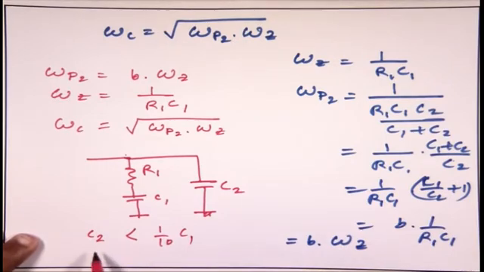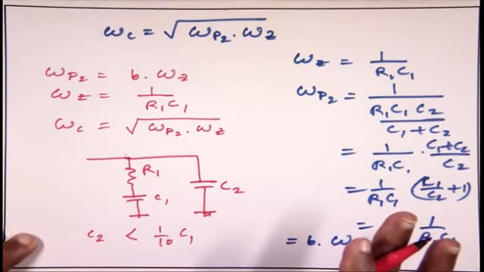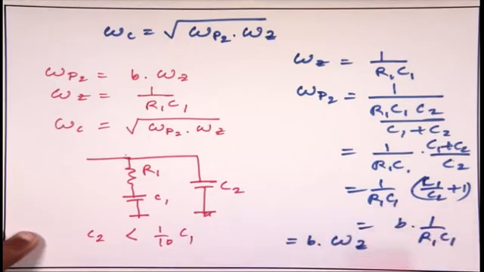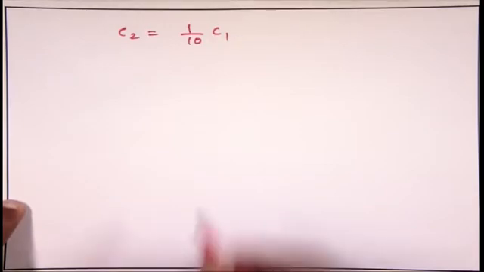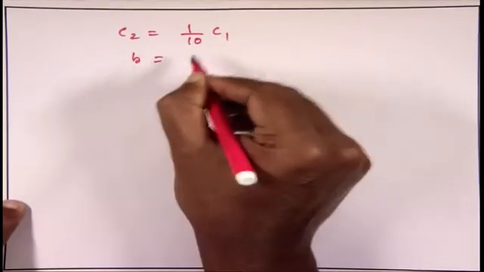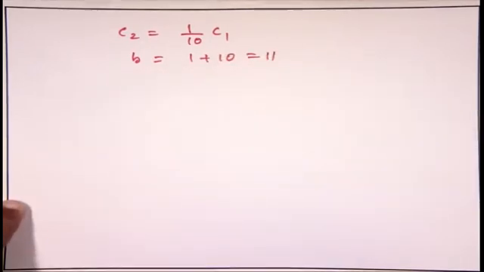If C2 is around 1/10 of C1, then you have sufficient phase margin as well as ripple suppression. So let us assume that C2 is equal to 1/10 of C1. What is the B factor then? B is equal to 1 plus C1 by C2, so it is 1 plus 10, which is 11. So I got B.